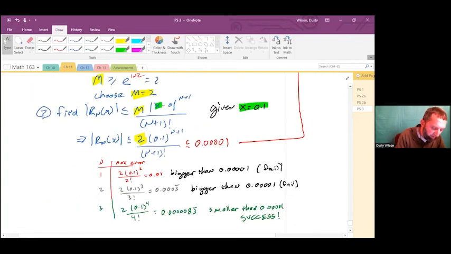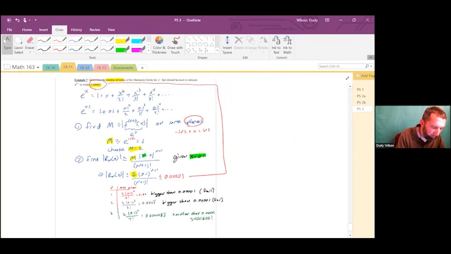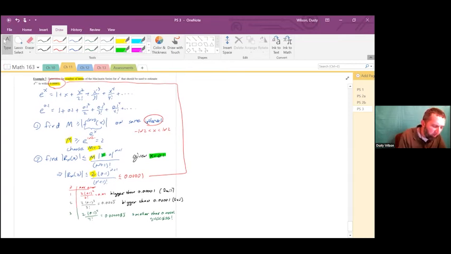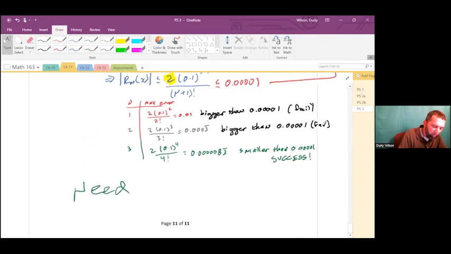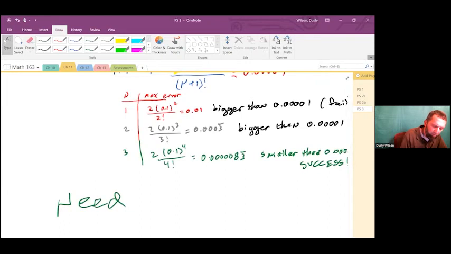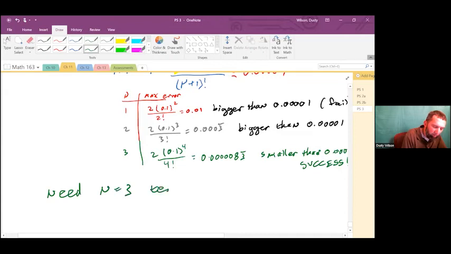So what does that tell us? Our question was, determine the number of terms of the Maclaurin series that should be used to estimate e to the 0.1 to within 0.00001. And so our answer is we need n equals 3 terms.